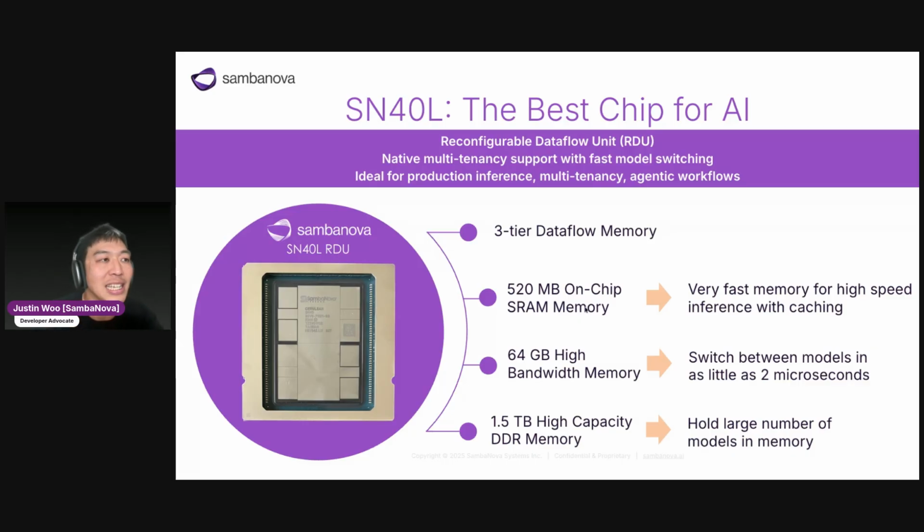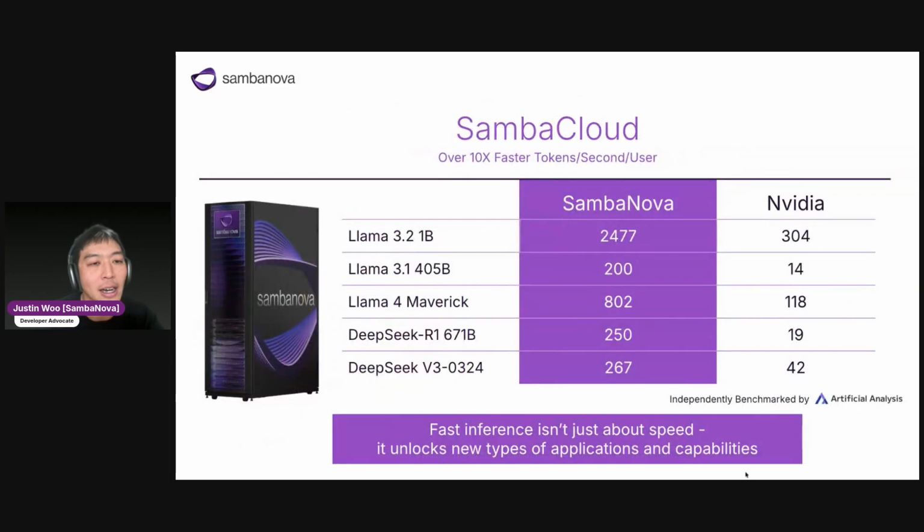And then you can see here on our speed comparison compared to GPUs, we not only deliver exceptional performance across a range of different models, but comparing SambaNova Cloud to NVIDIA GPU-based systems, just from a benchmark from Artificial Analysis, you can see that SambaNova is roughly 10x faster than GPU inference.